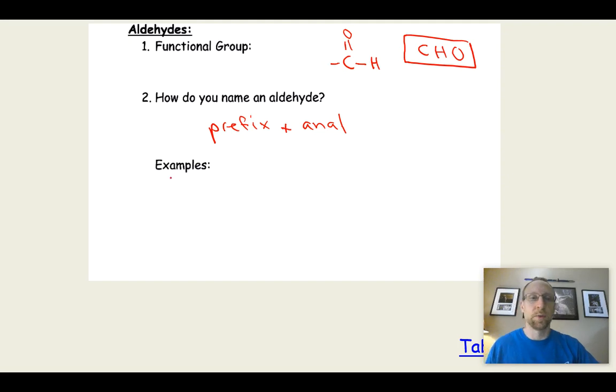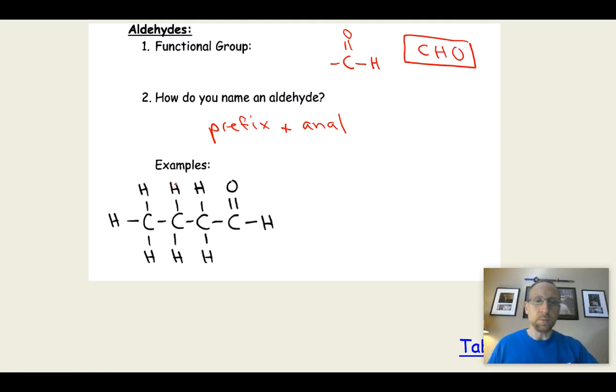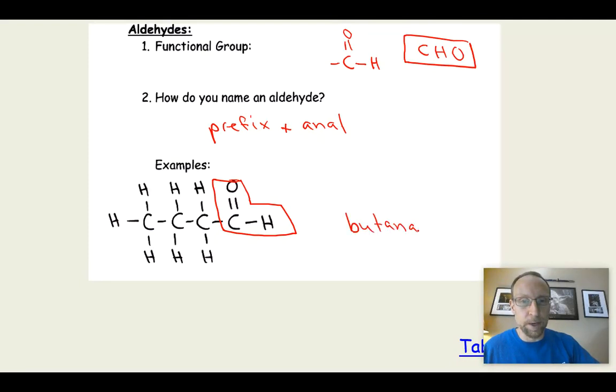So here's an example. So 4 carbons, but now our double O is on the end here. So there's our functional group. So boxing it in often helps. So that's why I tend to do that. So we would call this butanal. So this is butanal. That's it.